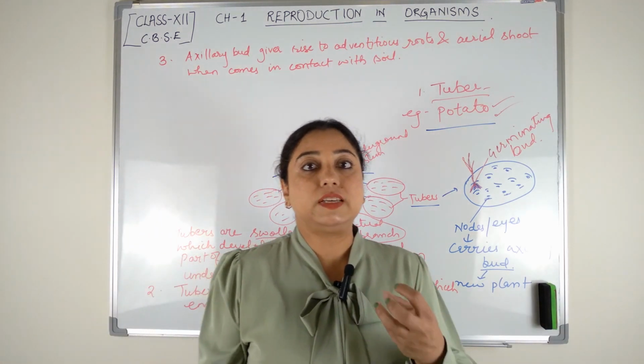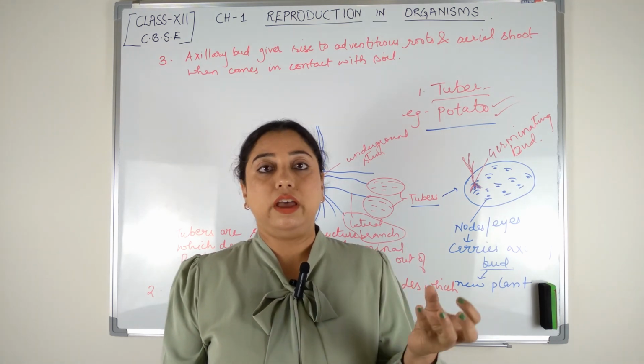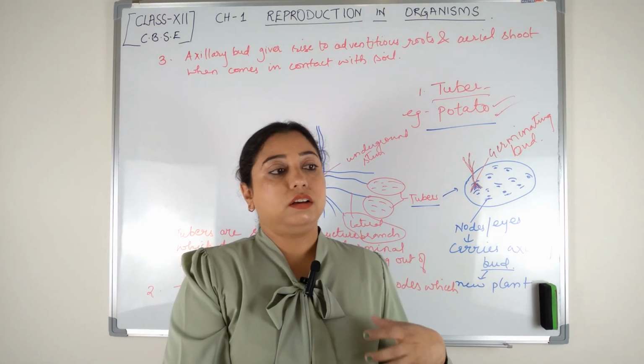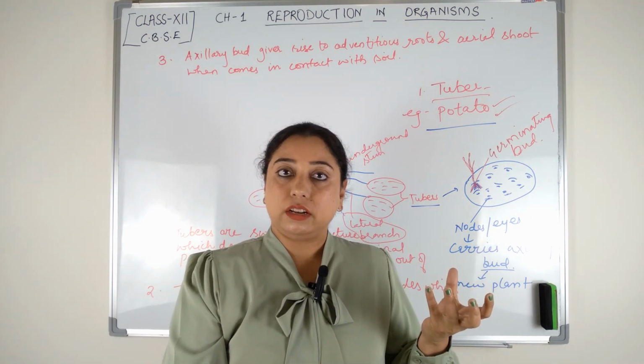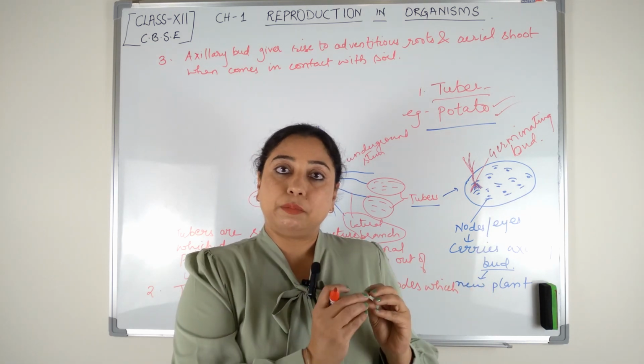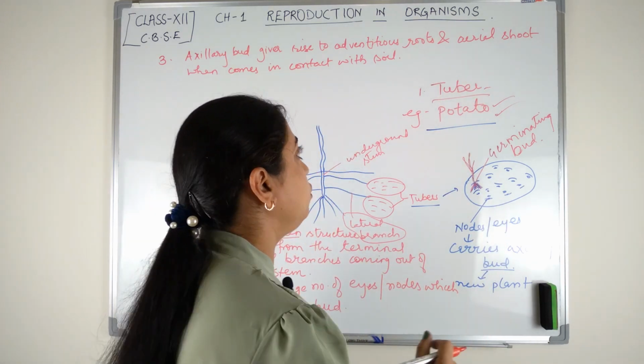Right? Suppose we take a tuber or a part of a tuber carrying the node and we bury that into the soil, within a couple of weeks a new plant develops, right? Why? Because this node is capable of giving rise to the root as well as the shoot, right, when it comes in contact with soil.